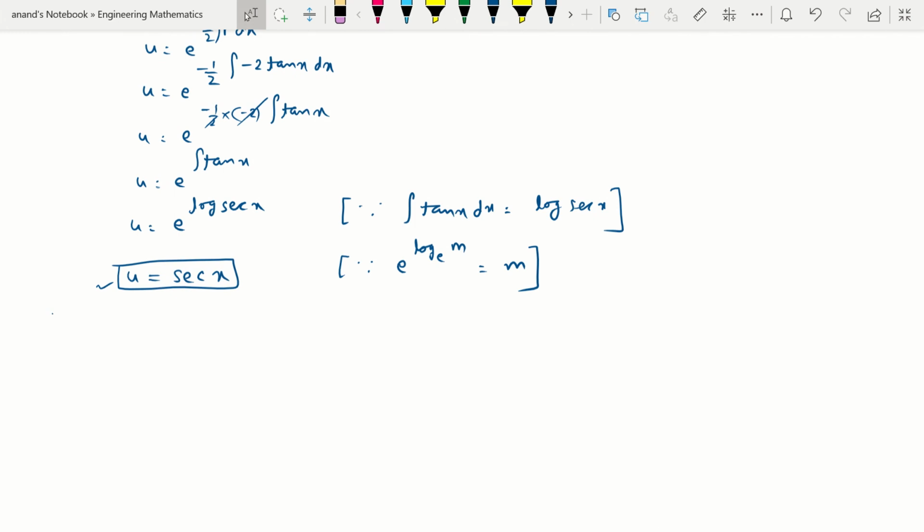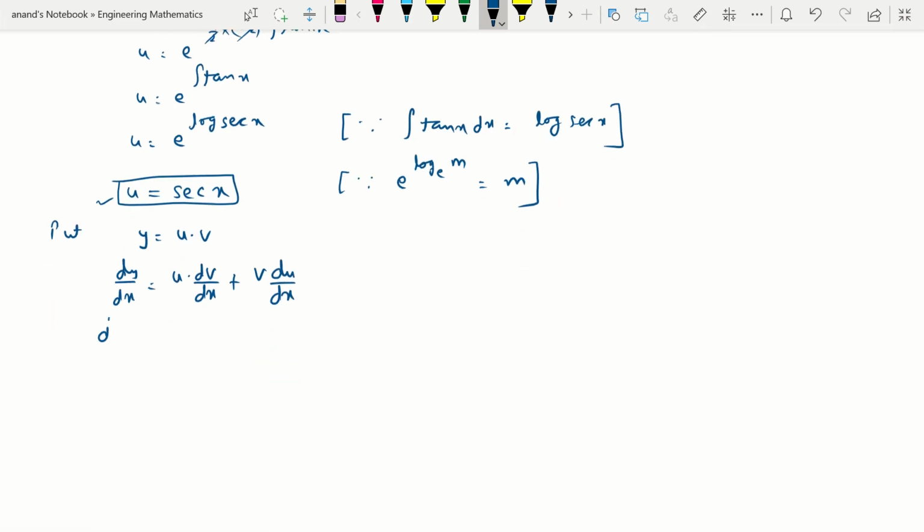So here we have to put y equals u into v. So we get dy by dx equals u dv by dx plus v du by dx, and d2y by dx2 we have u d2v by dx2 plus 2 times du by dx into dv by dx plus v d2u by dx2.